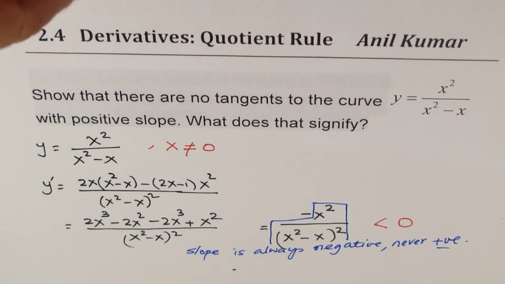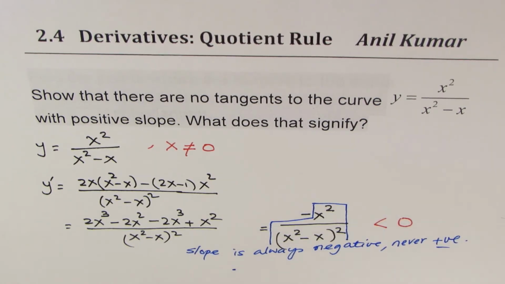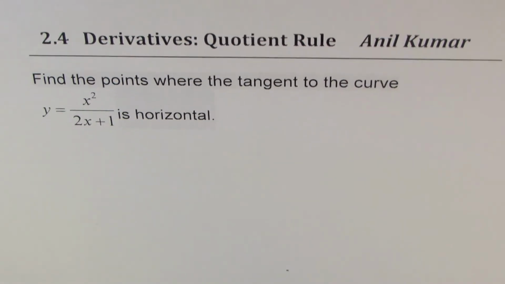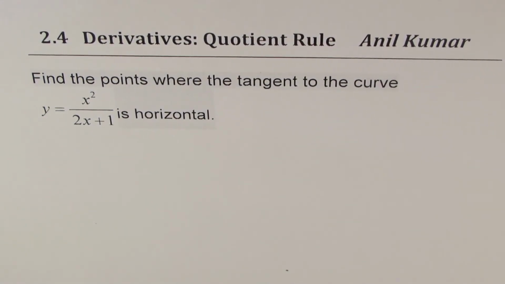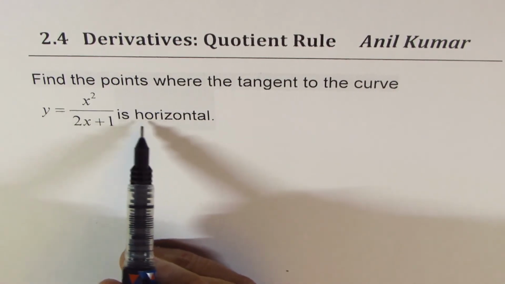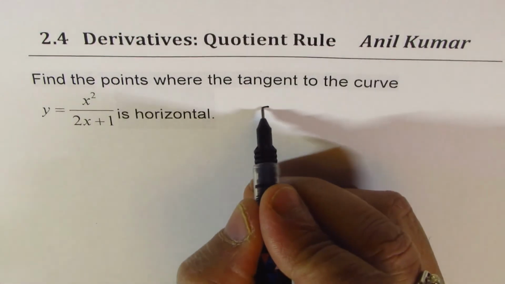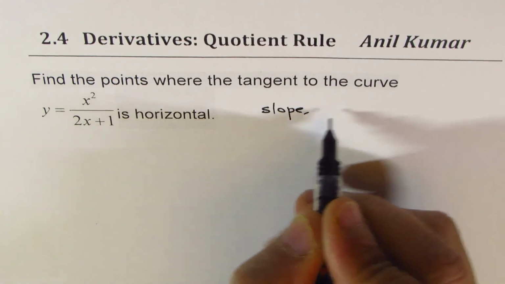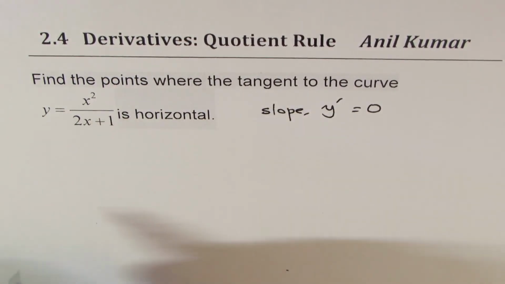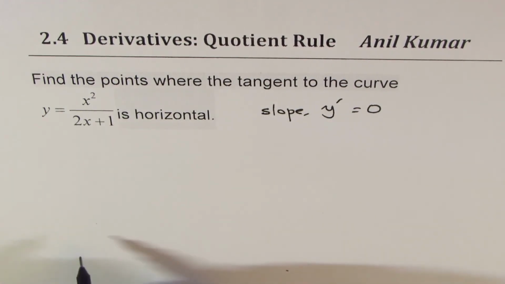Right? So let's move on to the next question now, which is find the points where the tangent to this curve is horizontal. Now this is the last question of our practice on quotient rule. When we say horizontal means slope is, that means y dash should be equal to 0. Is that okay? Horizontal is a slope with 0.